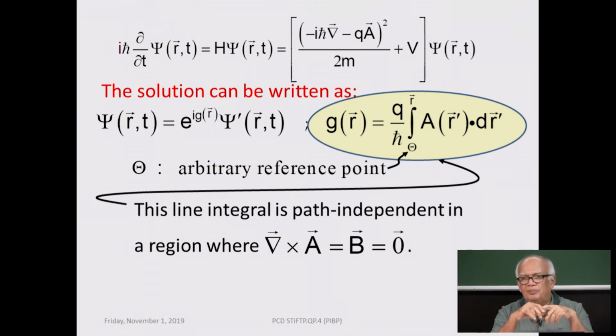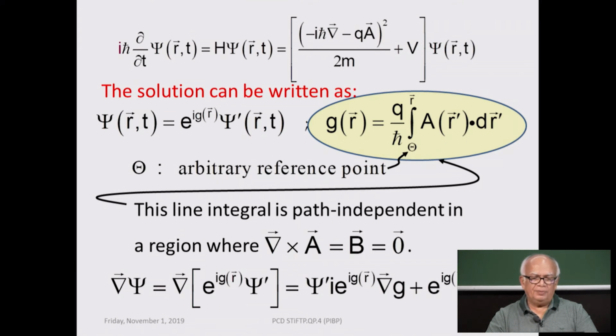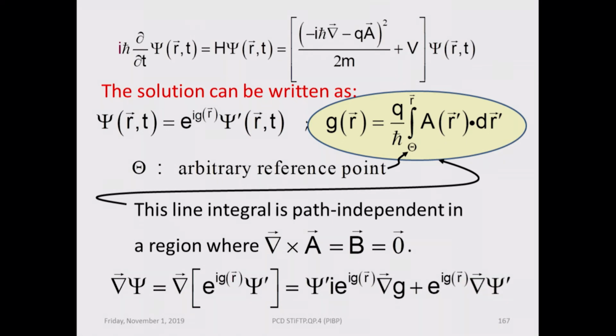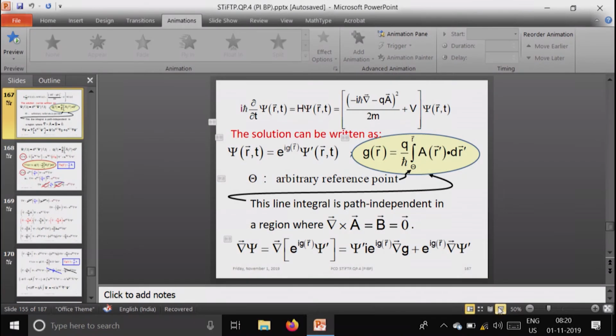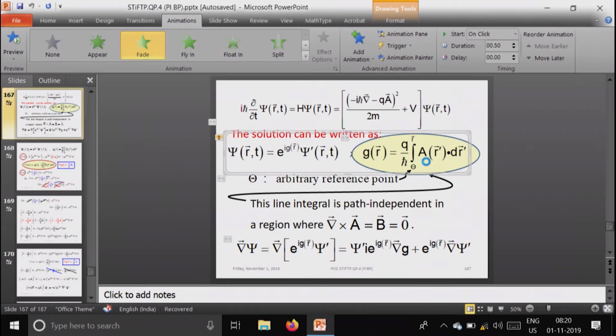And this integral will be path independent in whatever region the curl of A is also 0. Okay, it is not guaranteed to be so in other regions, but whenever the curl of A is 0, you can see it from the Kelvin-Stokes theorem also. Okay, and given psi by this, I think I will fix this vector sign on A.